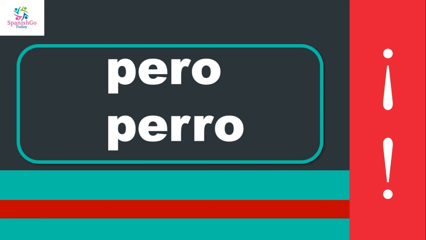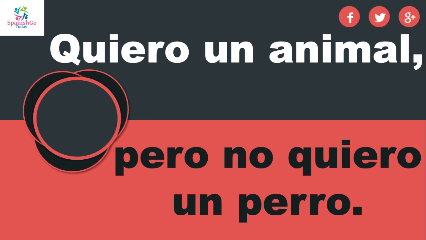So it's un perro for a dog, double R, and pero, but, just one R. So our sentence is: Quiero un animal, pero no quiero un perro.